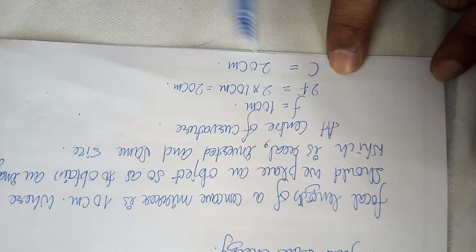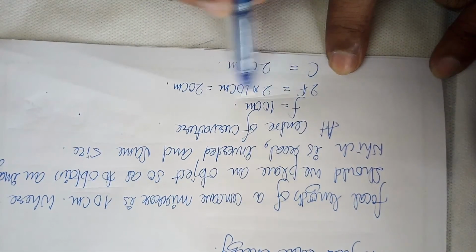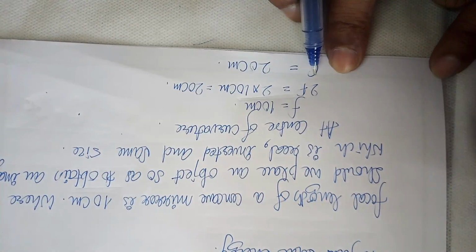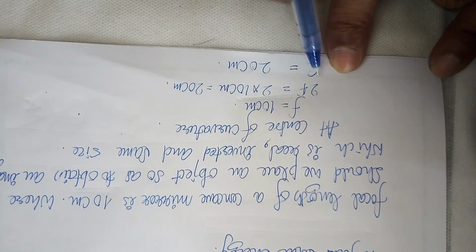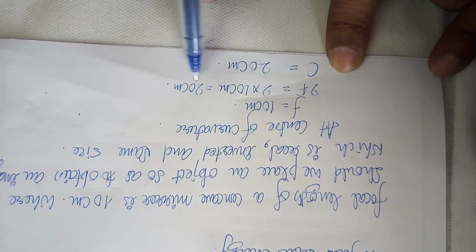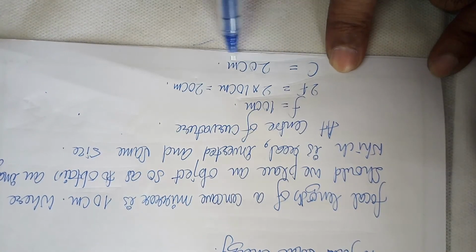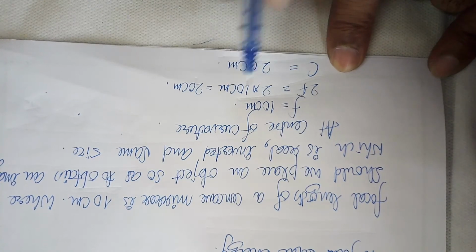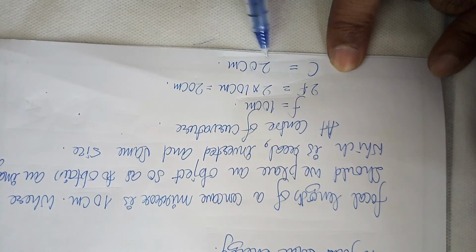Now the focal length of the mirror is 10 centimeters, and the center of curvature is 2 into f, or double the focal length. So 2f is equal to 2 into 10 centimeters, that is 20 centimeters, and the center of curvature is 20 centimeters away from the pole, the center of the reflecting surface of the mirror.